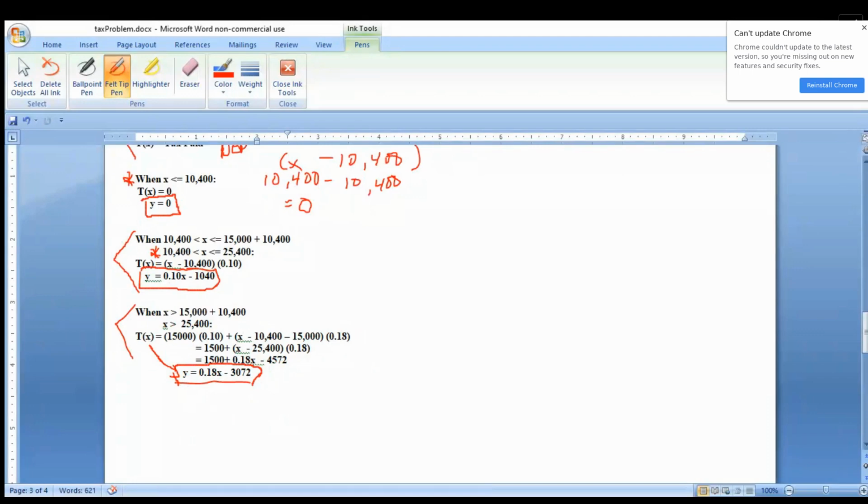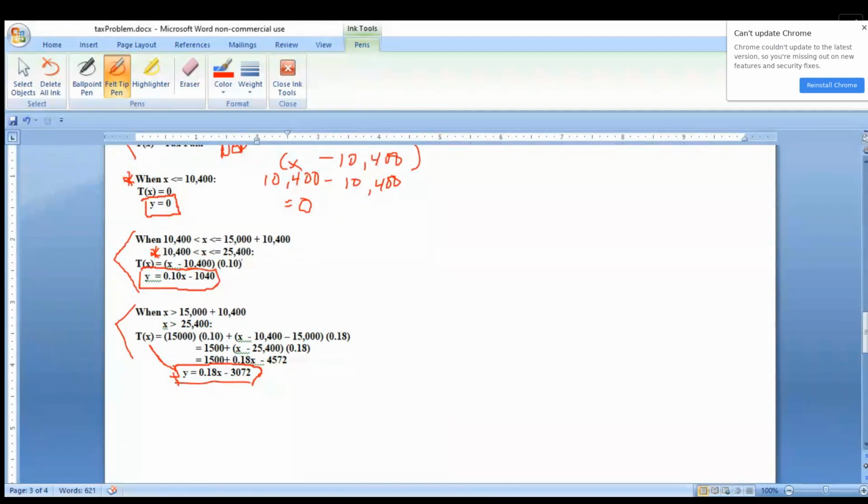So your tax is 0. But notice the intersection where the red one and the blue one meet are where the blue kicks in. So the blue kicks in when x is greater than 10.4. Let's go see. Is that what we said? This is our second one. When x is greater than 10.4, yes.